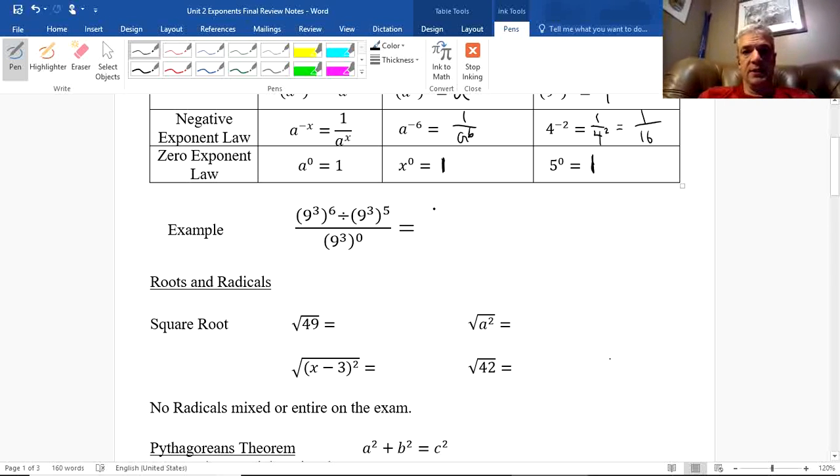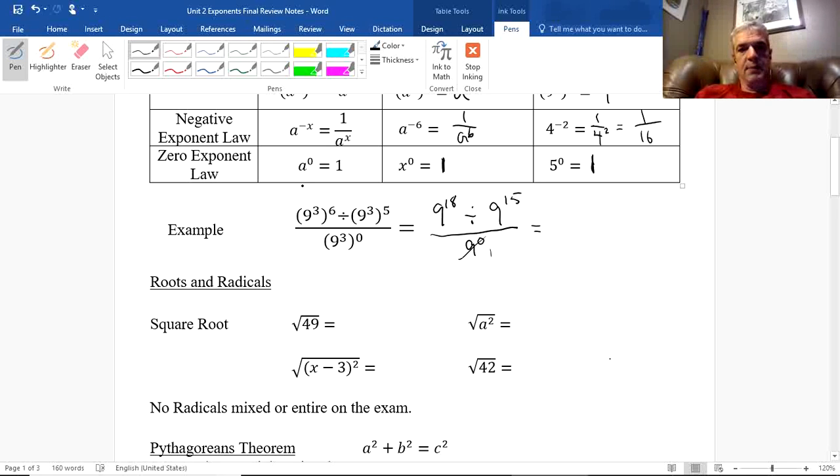So this is 9 to the power 18 divided by 9 to the power 15. And this is going to be all over, well, 0 times 3 is 9 to the power 0. So we end up with 1 on the bottom. So that's going to just disappear. That's just going to become 1. And dividing by 1 doesn't do anything because 9 to the power 0 is 1.